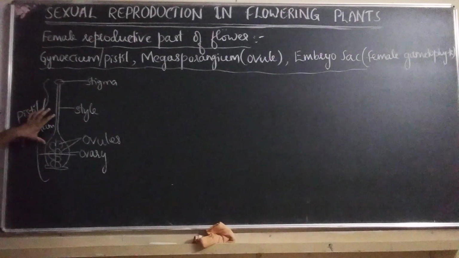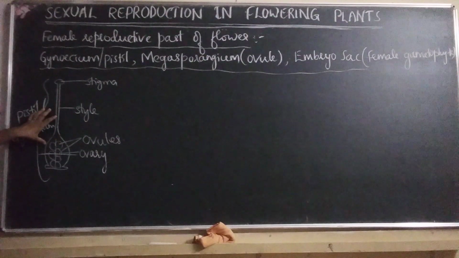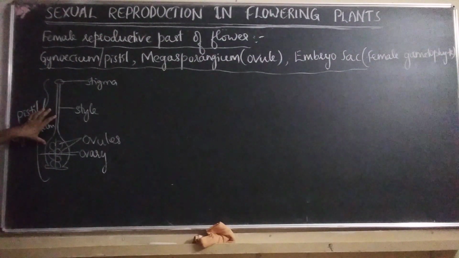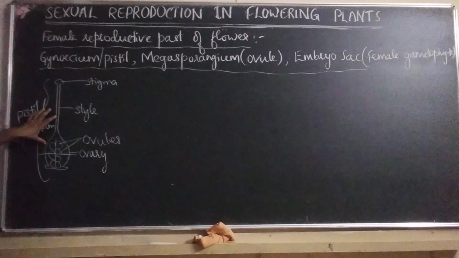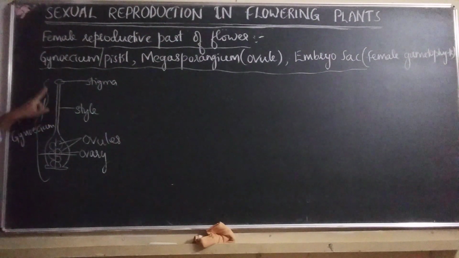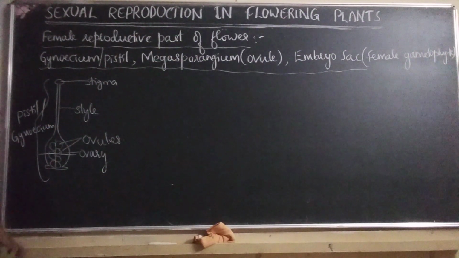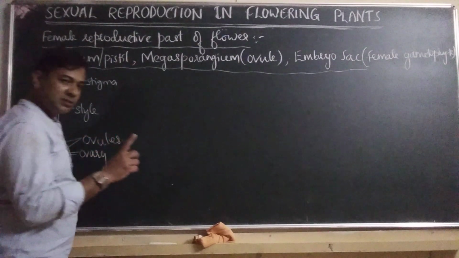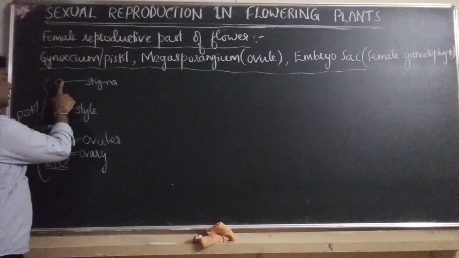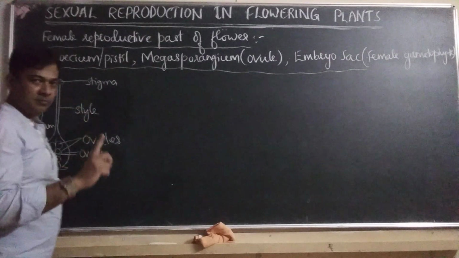Okay, so this is a structure of gynoecium. Like in some plants, like in hibiscus, you can see all three parts here. All three parts are there where the gynoecium present is single. One gynoecium means ovary, style, stigma. This whole part is one gynoecium.